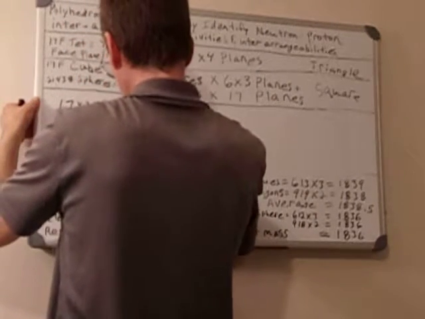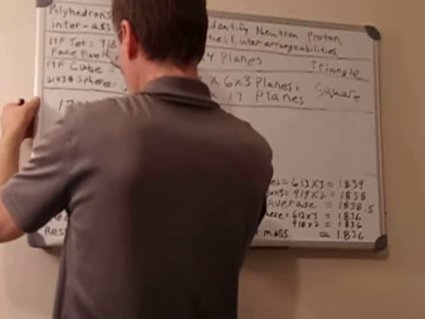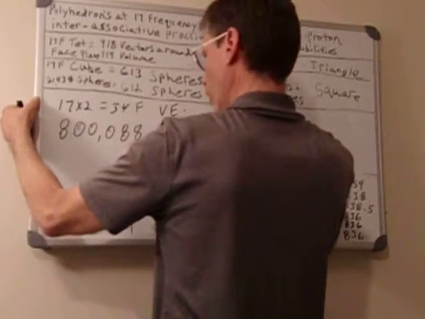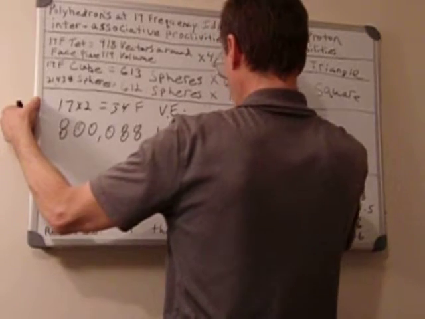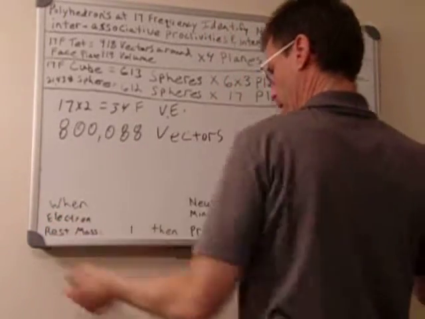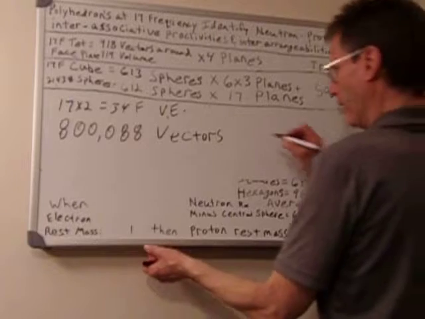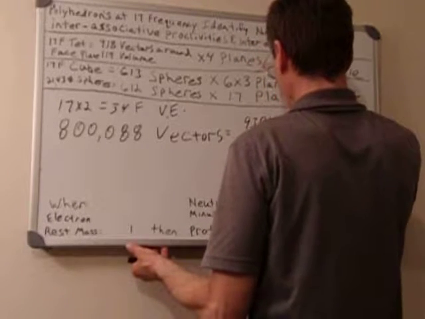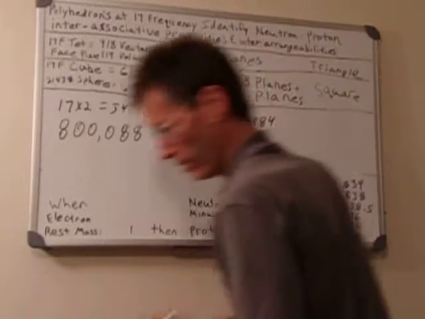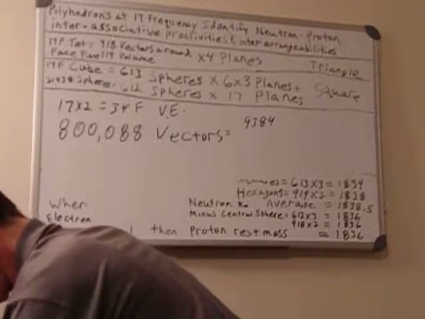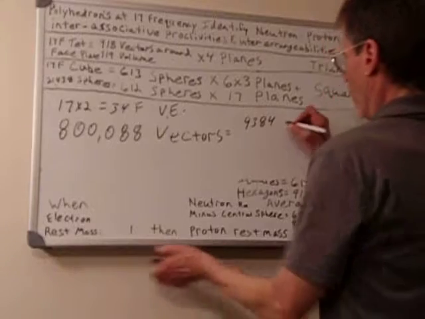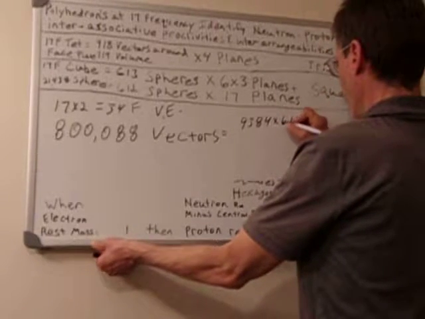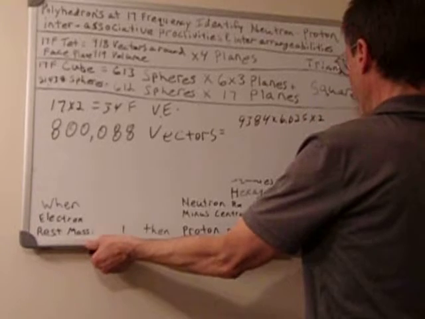Well, remember from one of my other lectures that there are exactly 800,088 vectors, and these break down into 9,384 times 6.625 times 2.